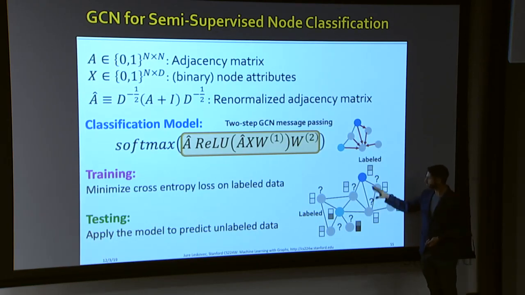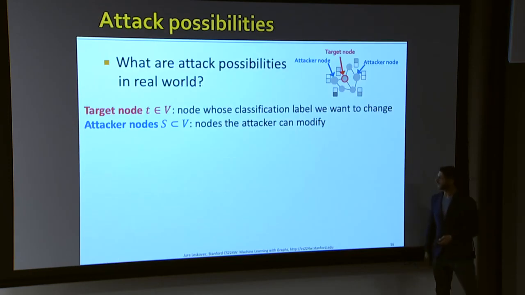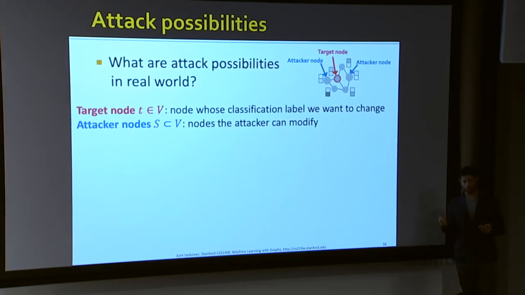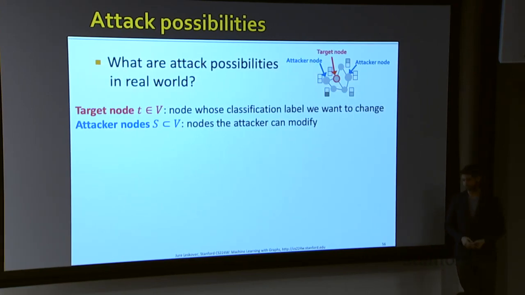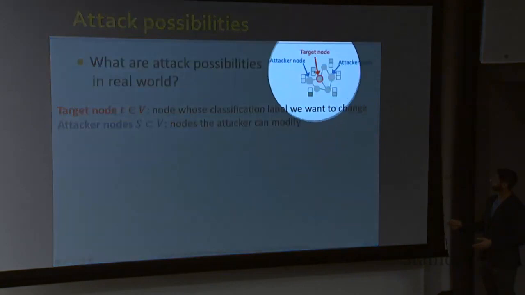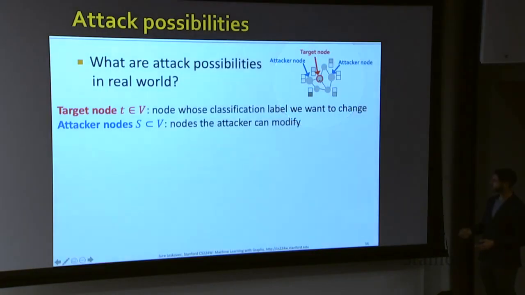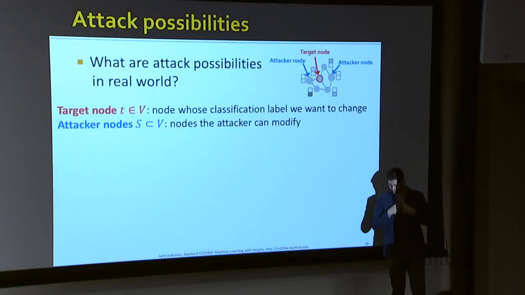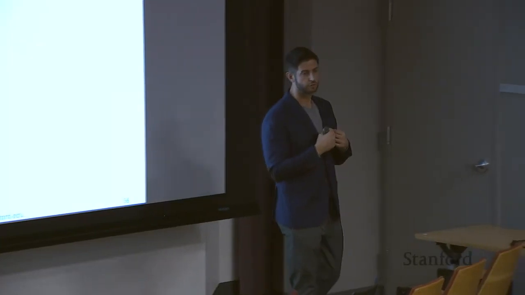So now that we clarified the context, how can this be attacked, how easy is this to attack, and what are the kinds of attacks that we can perform in this scenario? There are different attack possibilities, and let's first of all distinguish the different domains. We have the target node and we have the attacker nodes. The target node, let's say, is our fake news account on Twitter that we want to boost and recommend to everyone.